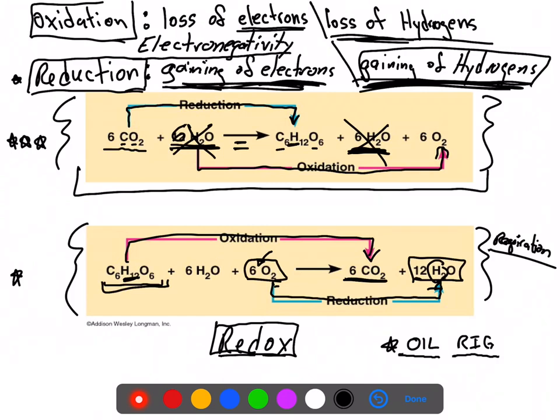So that means oxygen gained hydrogens, and to gain hydrogens means to gain electrons, and that means that you were being reduced. All right, so you've learned something really valuable here. What is the major reason why you need oxygen in your life? It's not just to stay alive. Oxygen has a very, very specific role, and its role is to gain electrons. And in gaining electrons, we actually create water. We make water. It's just that we don't make water fast enough.